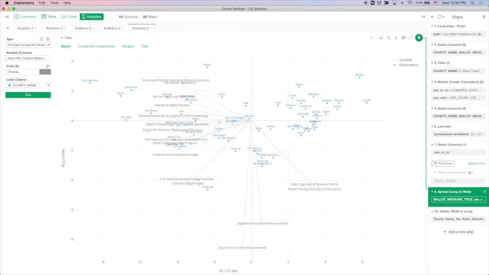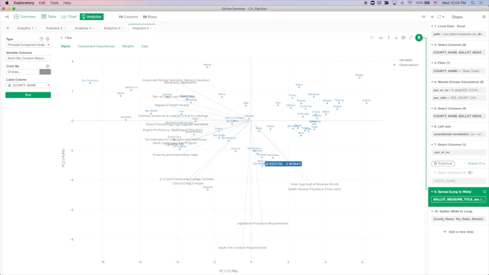And then there are other measures, though. For example, here are the adult film condom and legislative procedure requirements and so on. When you look at here, these pull the counties in this direction.